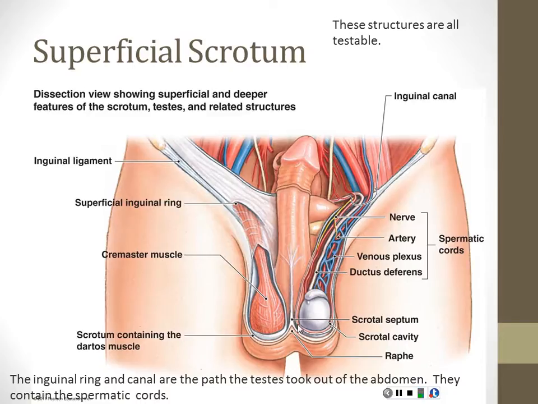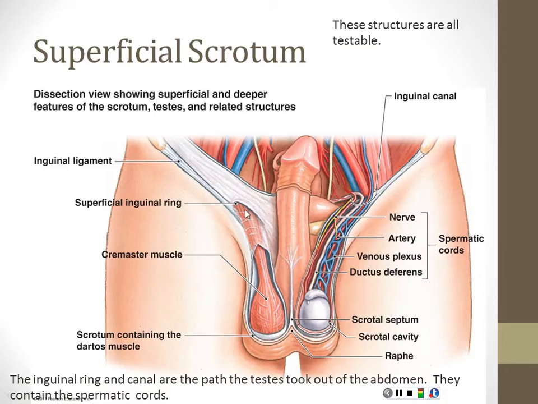So here's that testis down here, and the path that testis took out of the abdomen and down into the scrotum can still be seen in the anatomy. Okay, so there are two rings. There's a superficial inguinal ring here, and you can't see it, but there's a deep inguinal ring further up. That is the location where the testis passed out of the abdominal cavity and down into the scrotum.